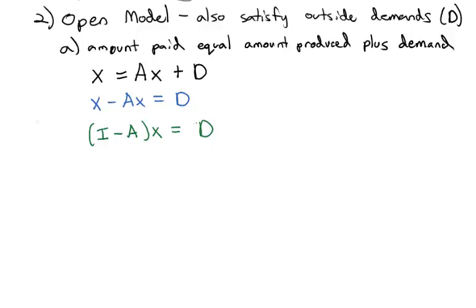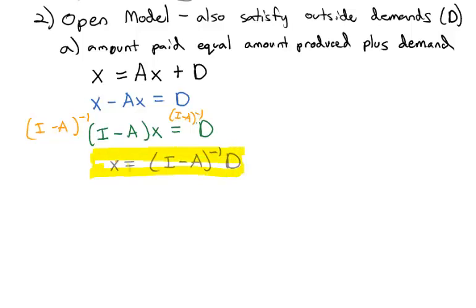To solve this for X, we just have to multiply by the inverse of what's in parentheses, the inverse of the I minus A on the left. So we're going to do it on the left here. And that gives us X is equal to I minus A inverse times the demand. This is another key equation we need to know for the open model.